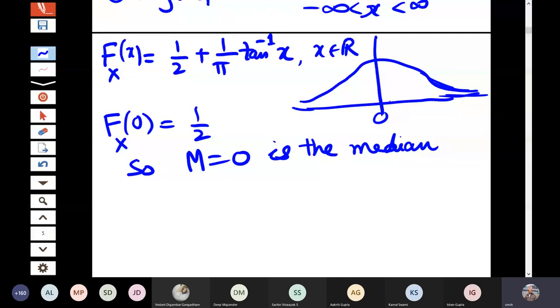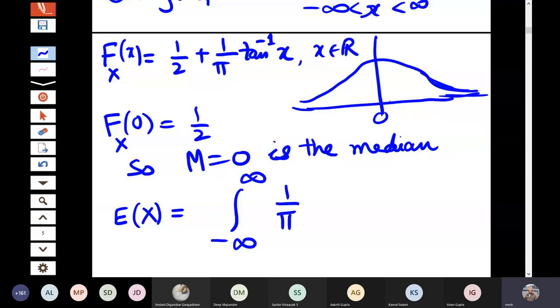This median is also a measure of central tendency. I had mentioned to you that we have an average value or the expected value. In the case of this Cauchy distribution, if I want to calculate the expectation of x, then this will become the integral of 1 by pi, x divided by 1 plus x square.